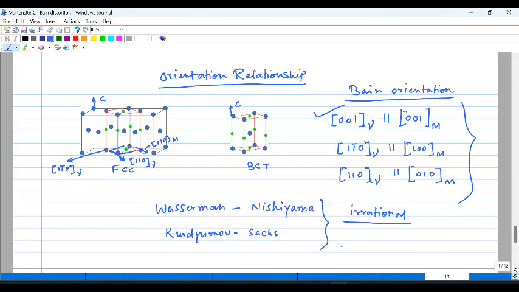Once we do that, you will find that this transformation can be explained with the help of all that, and we can also explain all the characteristics of martensite through the theory that we are going to discuss in this context. Okay. So let us first answer this one question that has come up now as to why these orientation relationships are irrational.